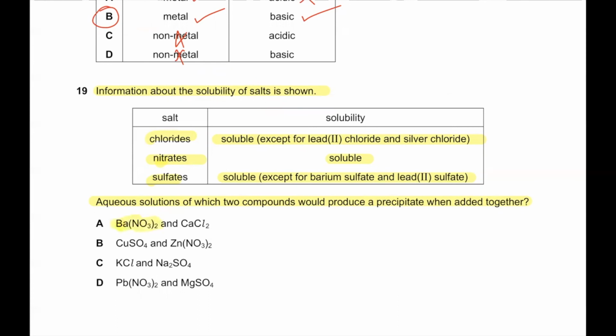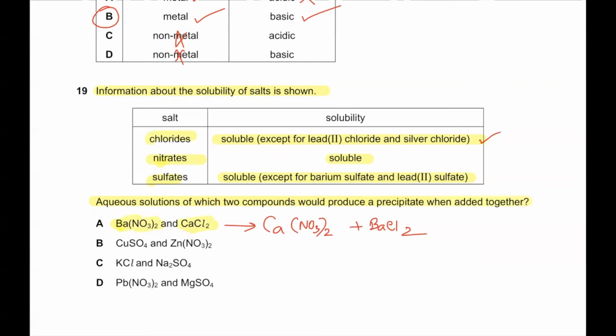Barium nitrate and calcium chloride, whenever added together, let's switch. If it becomes calcium nitrate or barium chloride, we can see that they are soluble. They are not in the exclusion zone. All nitrates are soluble, and barium chloride is not mentioned in the insoluble portion. So it will not be the answer.